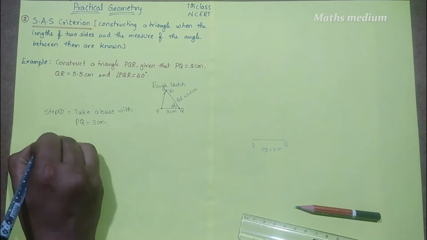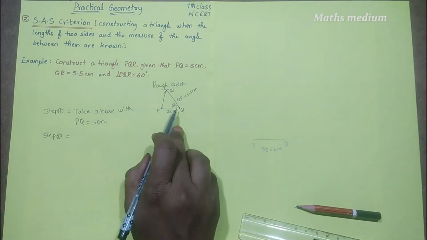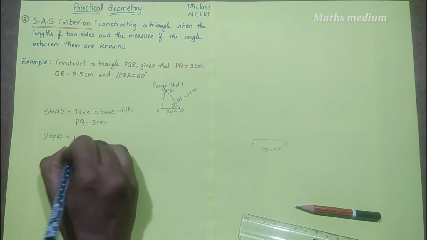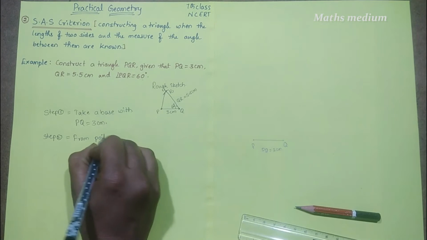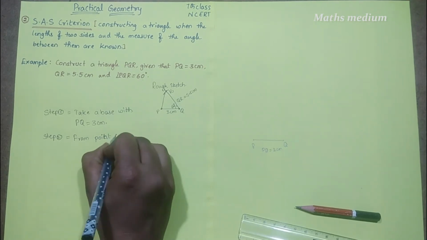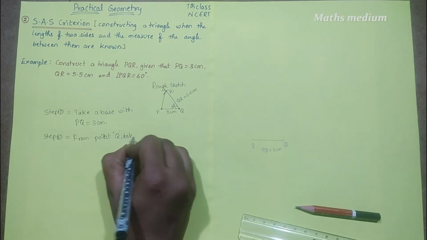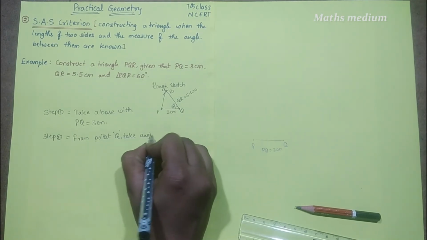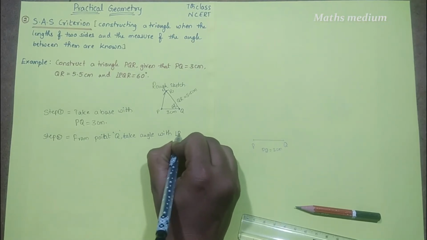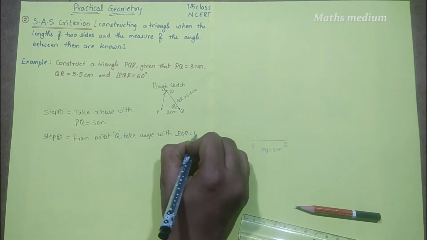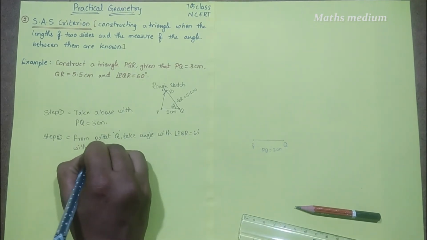Now step 2. Here what we take as step 2: from point Q, take an angle PQR equal to 60 degrees with a protractor.